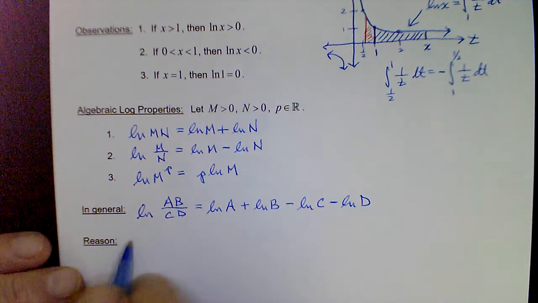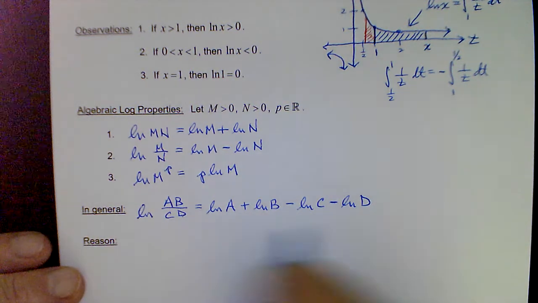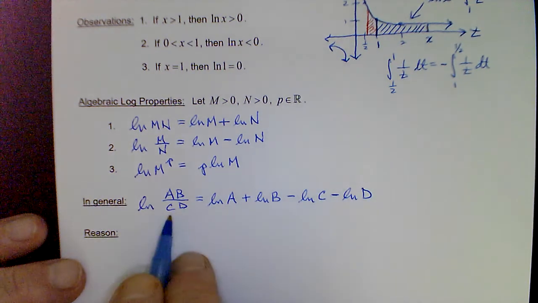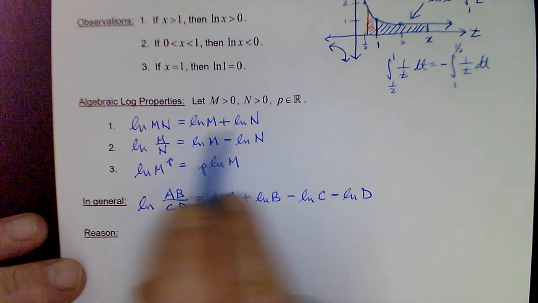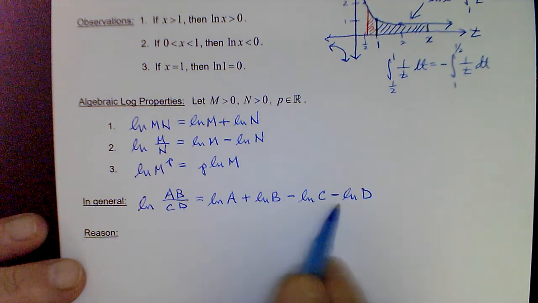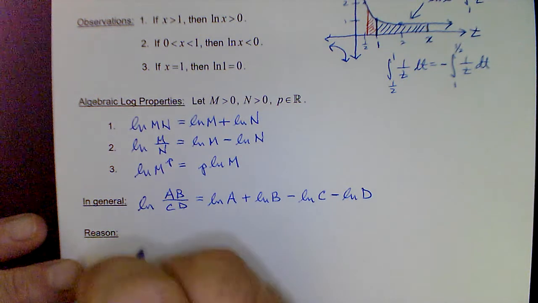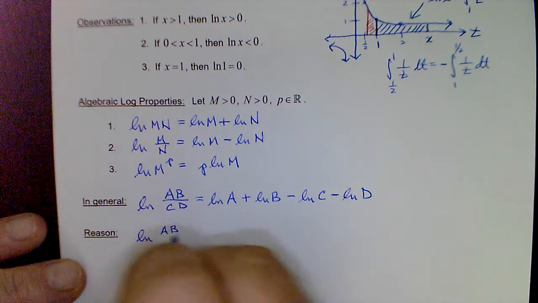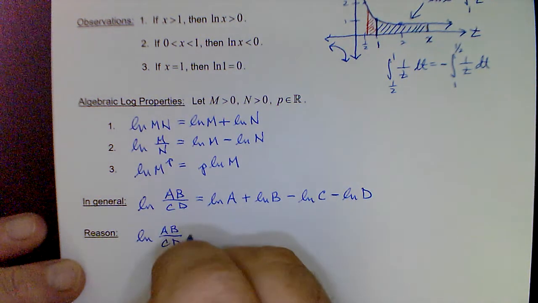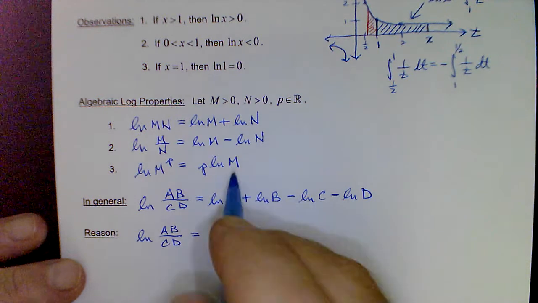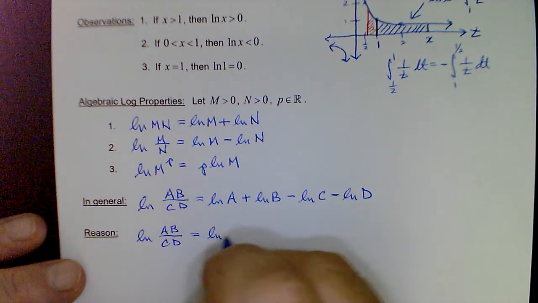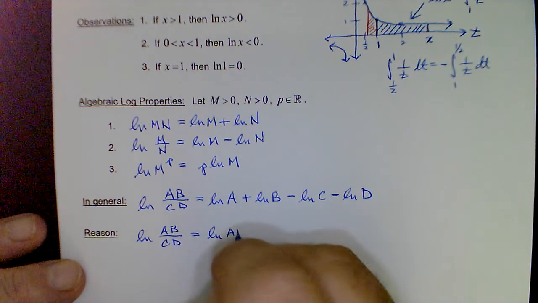And just to show you the reason why this is true, because some of you might be thinking, well, C and D are being multiplied. You just said multiplication is addition, but here there's both negative. Here's the reason why. If you start with natural log of AB over CD and show these properties literally, we would first have to perform the quotient property.